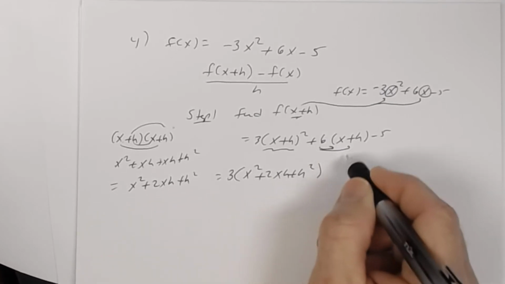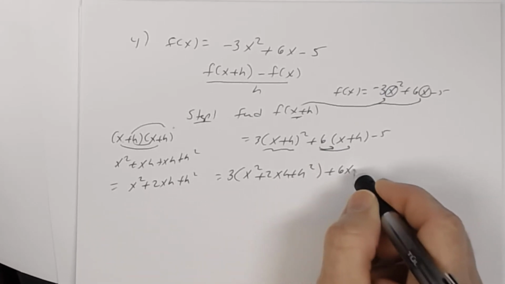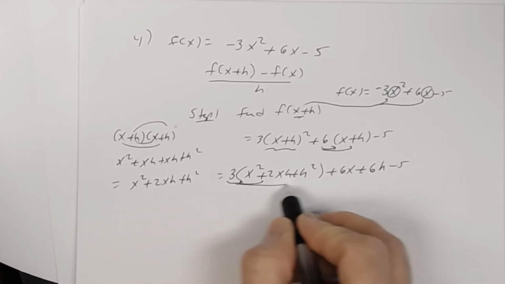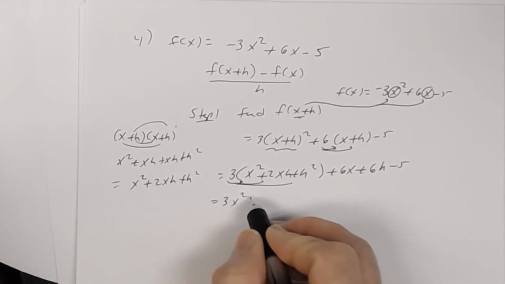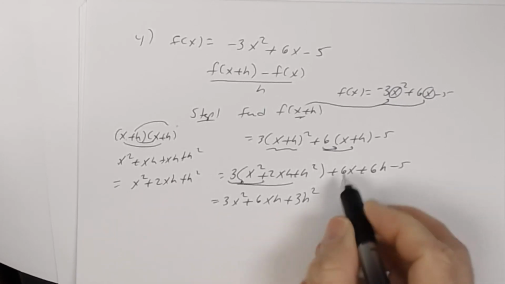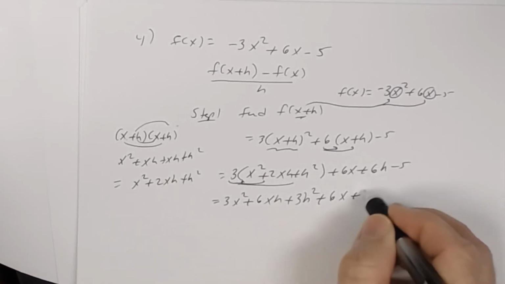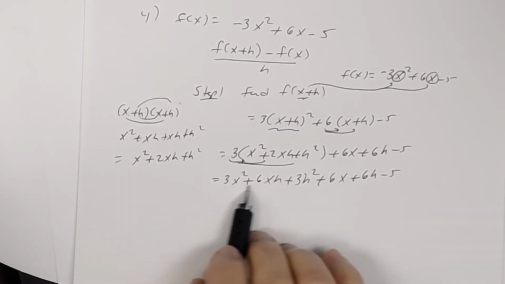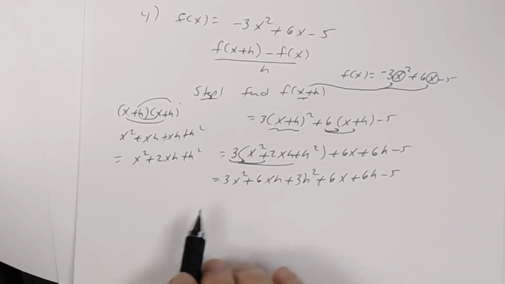And then let's distribute the 6, plus 6x plus 6h minus 5. And now let's distribute the negative 3. I get negative 3x squared, minus 6xh, minus 3h squared, plus 6x, plus 6h, minus 5. Okay? All right, now, at this point, nothing is going to cancel out.